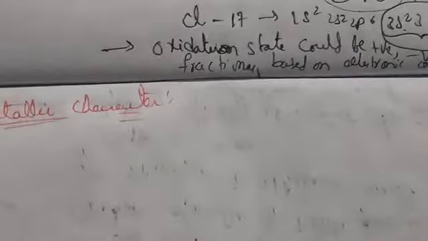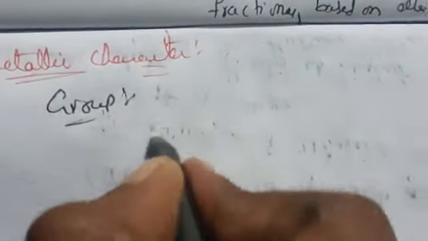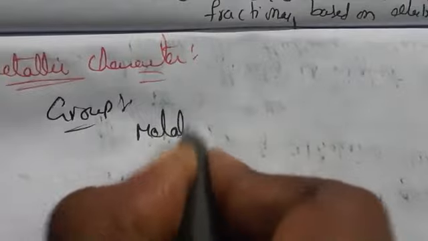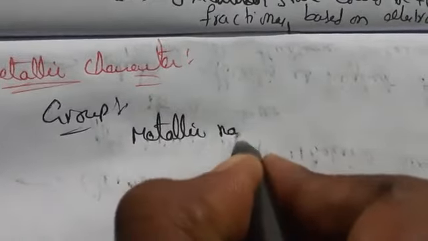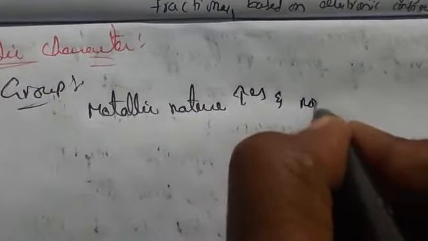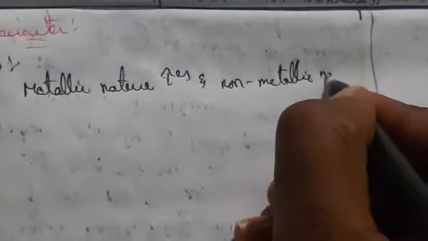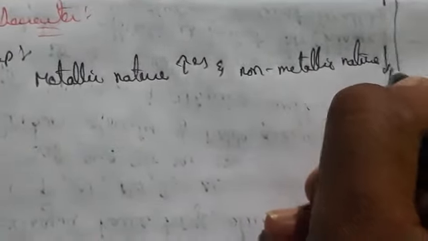Coming to metallic character: in your group, metallic nature increases and non-metallic nature decreases.